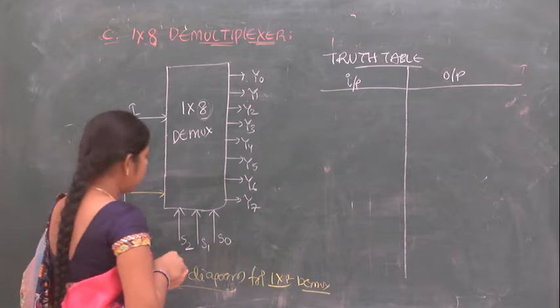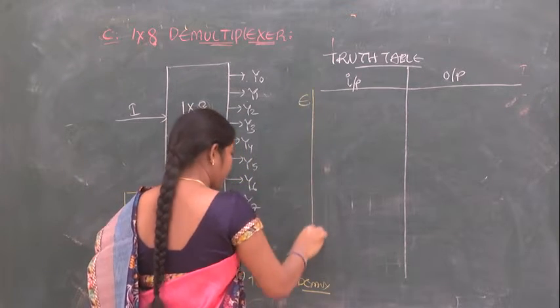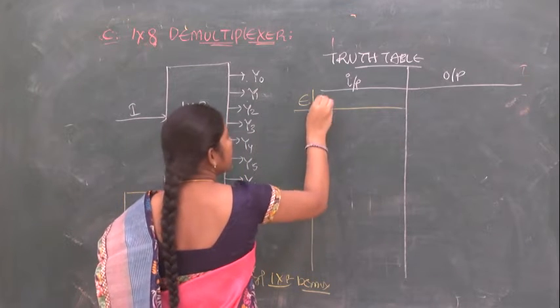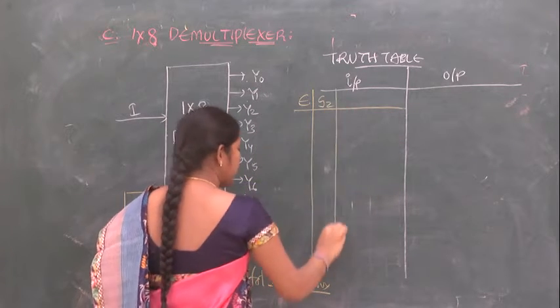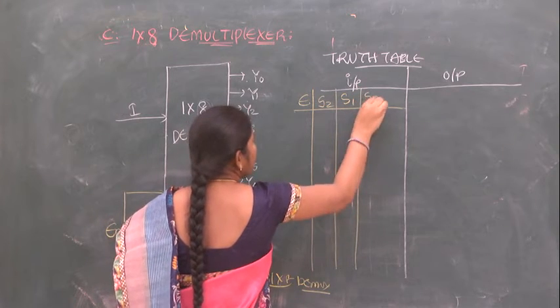For this truth table, the inputs are, one is enable, and next S2, S1, S0, the 3 selection lines.